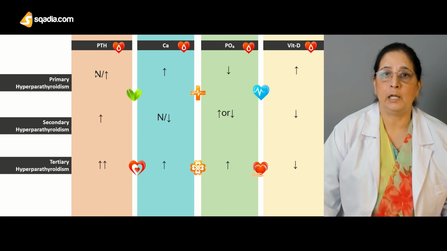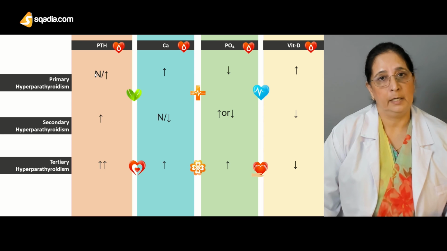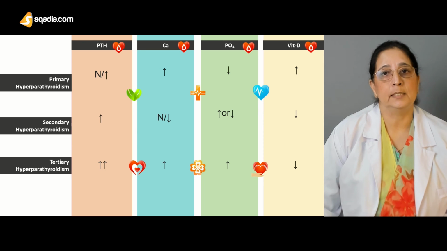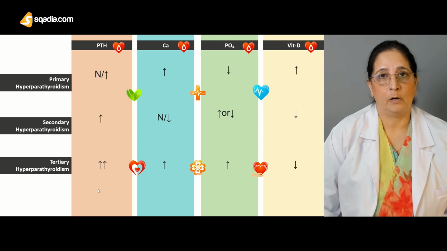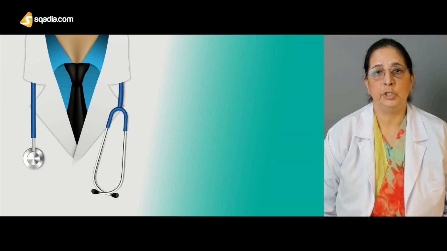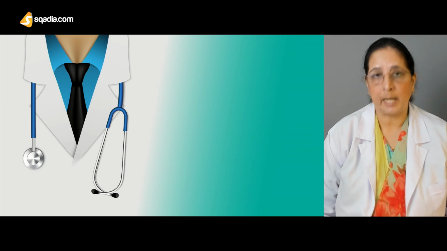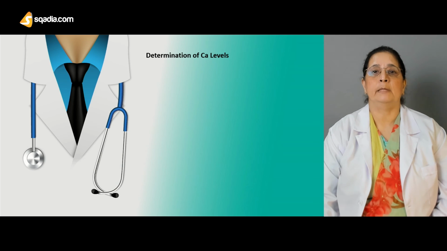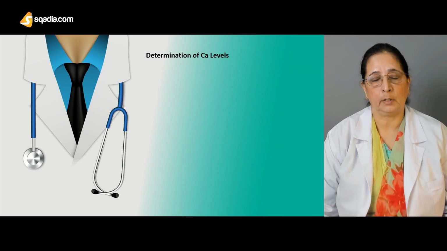And then parathyroid hormone, if we see, it's always increased because it is hyperparathyroidism, that is, increase in the parathyroid hormone level. So some tests that we can do to diagnose hyperparathyroidism is determination of calcium level. Very, very important test.